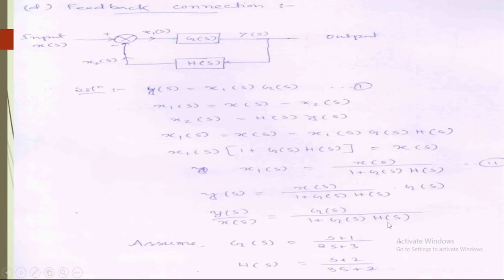Putting in the values, G of s is s plus 1 upon 2s plus 3, and H of s equals s plus 2 upon 3s plus 2, and then find the overall transfer function of the given system.